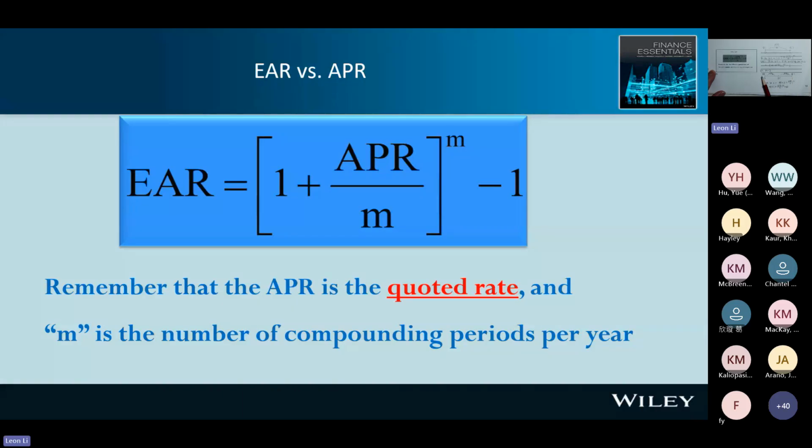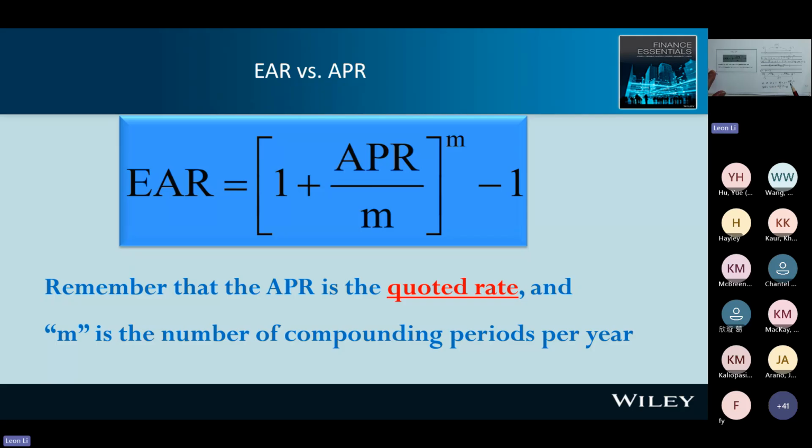Now let's consider you have $1 today. So your initial investment is $1 today. After 1 year, how much money do you have? You have $1 times (1 plus the rate). Please note, the semi-annual rate is APR divided by 2, with power of 2 because now we have 2 periods for 1 year.